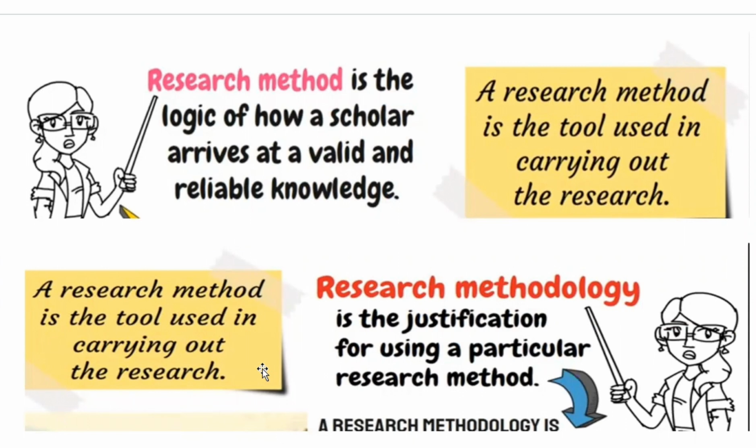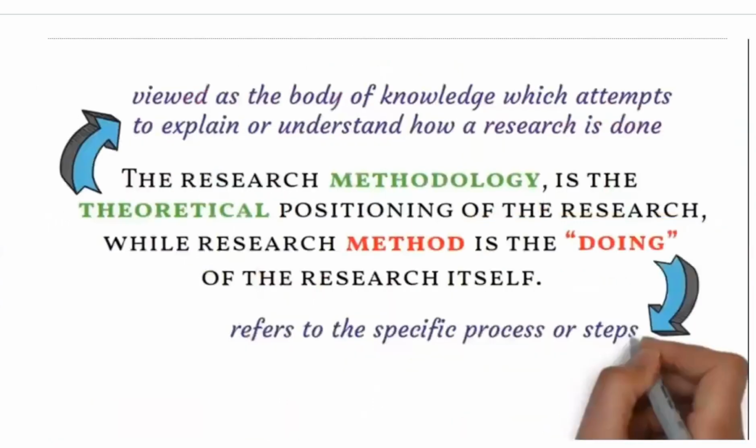It is the whole section wherein we're going to narrate all the methods na ginamit natin sa ating isinagawang pananaliksik, thesis, or research. Sa madaling sabi, the research methodology is the theoretical positioning of the research, while research method is the doing of the research itself.